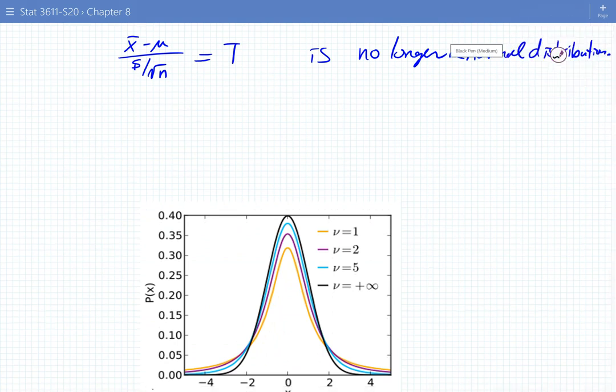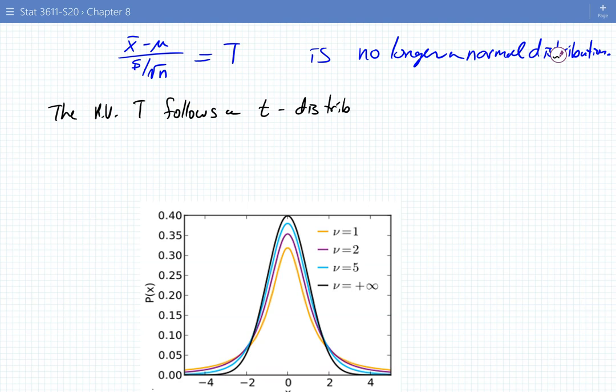The random variable t follows a t-distribution with n minus 1 degrees of freedom.